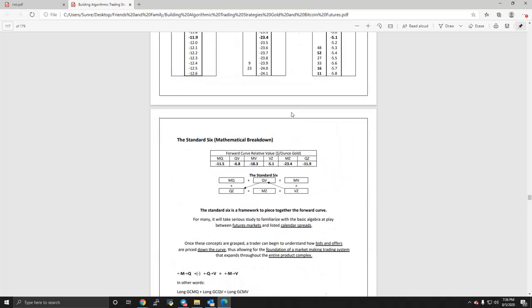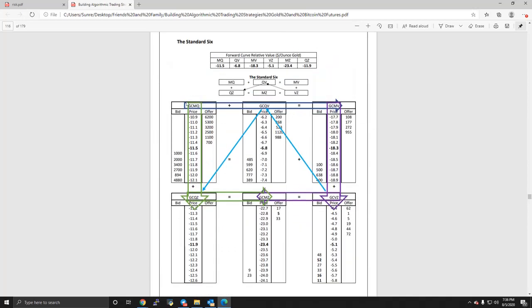And now we'll look back up and we'll see what we're putting those variables in place of. Because you have to remember, when the June contract, when this M contract comes off the board, the standard 6 is going to roll, and the B market, currently QV in the snapshot, will become the A market.